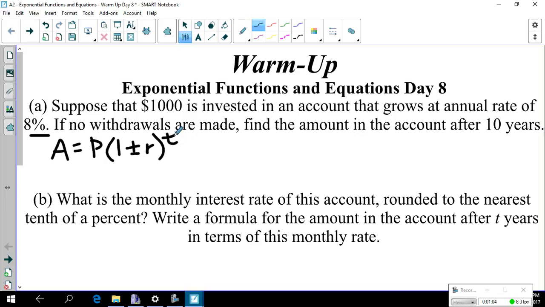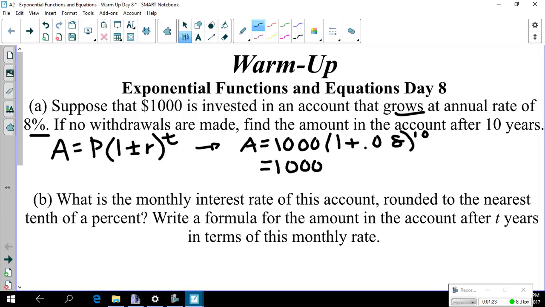So this is obviously initial amount of 1,000. So we'd have A equals 1,000 times (1 plus 0.08, because it's growing at an annual rate) raised to the T, which is 10. So we can clean that up a little bit if you want. Make it 1,000 times 1.08 to the 10th.